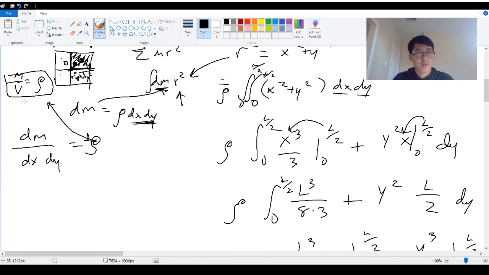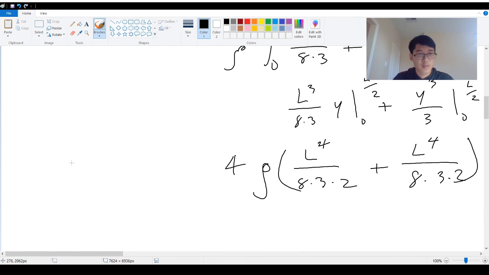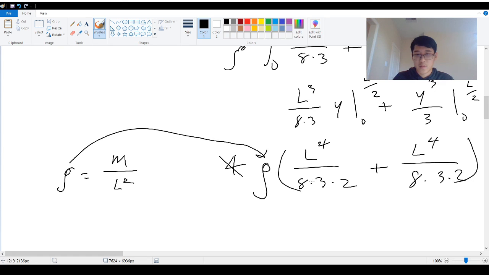Okay, and now let's plug back in the density. Since we know density is mass over volume, it's the mass of the entire square divided by the volume, which is actually just L squared, right? So we plug this in here. First, let me cancel this out.